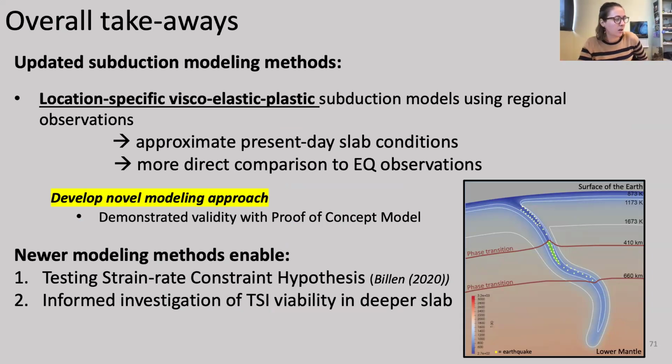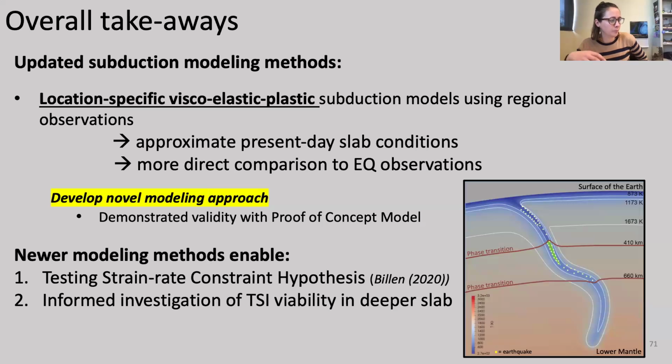So the overall takeaways for today's deep earthquake focused talk is the updated subduction modeling methods I presented. We're building these location-specific models that had a viscoelastic plastic rheology, and these allowed us to approximate the present-day slab conditions and have a more direct comparison with the actual deep earthquake observations.